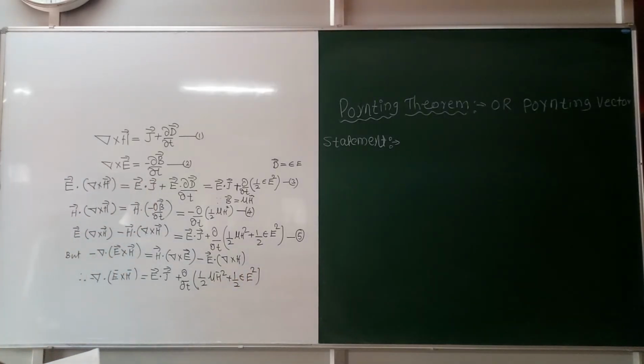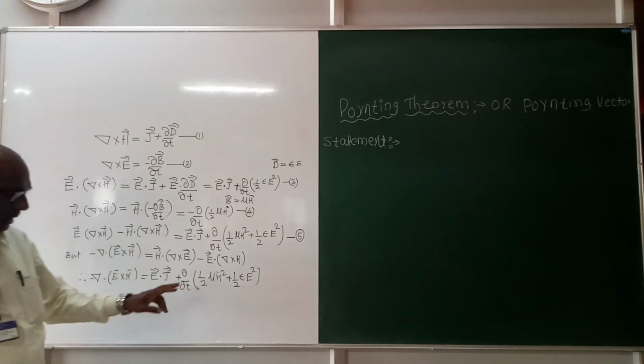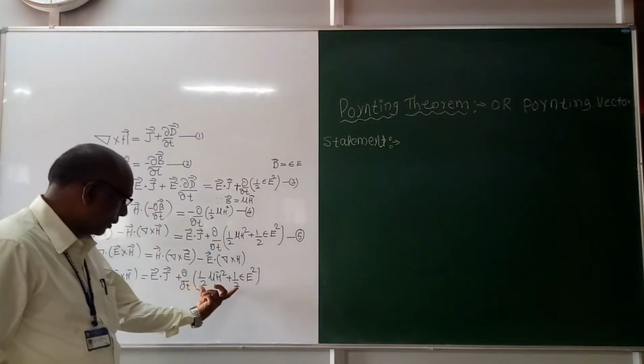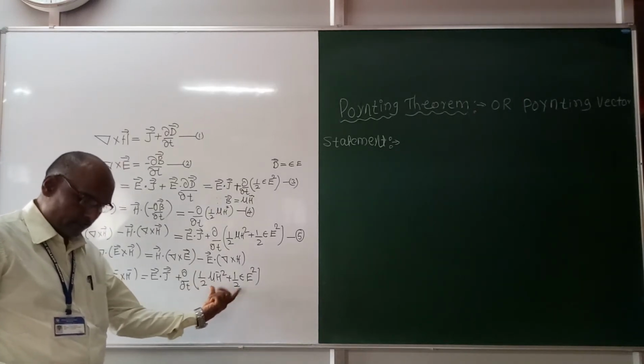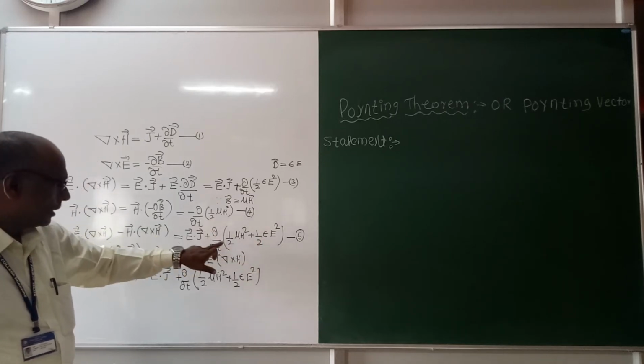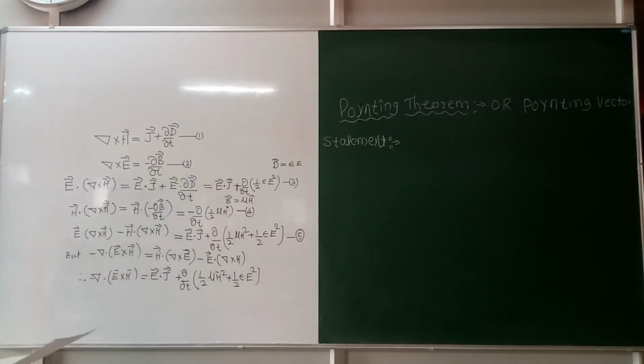Many times in physics, whenever we want to get an energy term like half mv square, we go for this simplification.